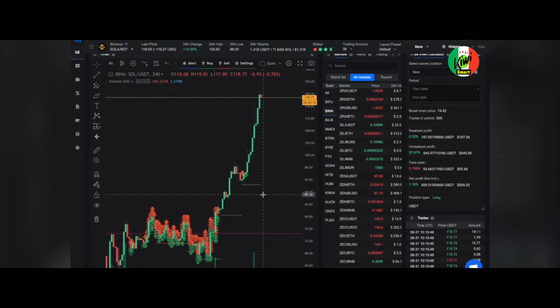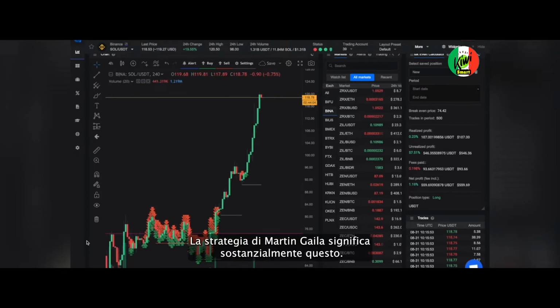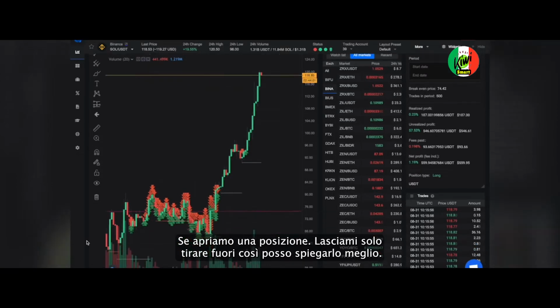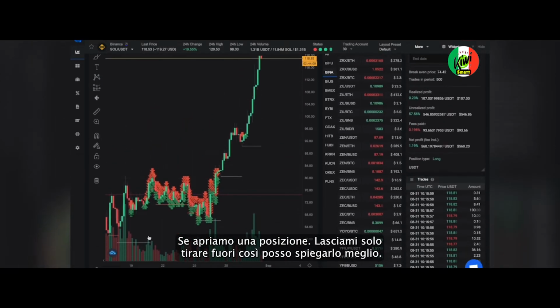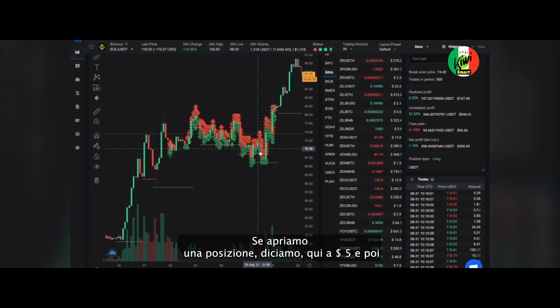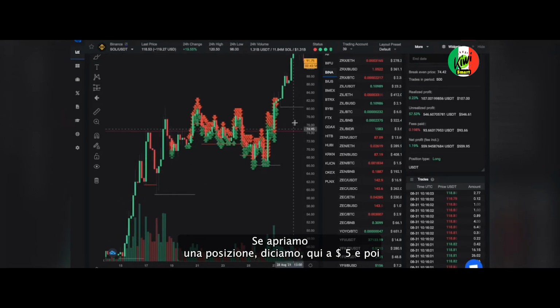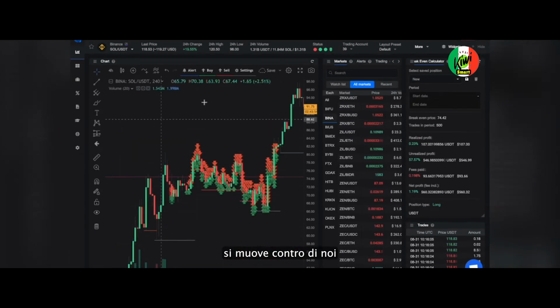So this grid bot works using the Martingale strategy. The Martingale strategy basically meaning that if we open a position, let me just draw it out so that I can explain it better.